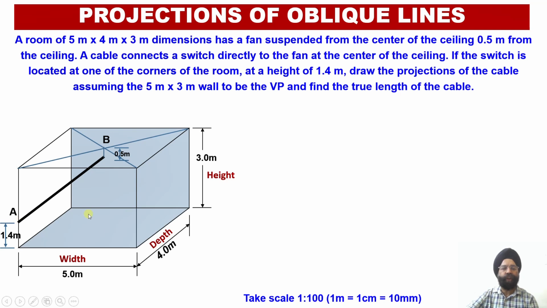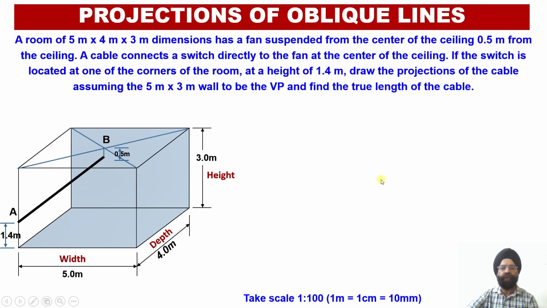And once we draw the orthographic projections of this room, we will be able to convert this real life problem into the projections of the oblique line problem. That is, the front view of this line A dash B dash and the top view of this line AB will be drawn in the orthographic projections, and then using the method of rotation of the line we will be able to obtain the true length of this electric cable which is going to join this switch A with the ceiling fan which is located at point number B over here.